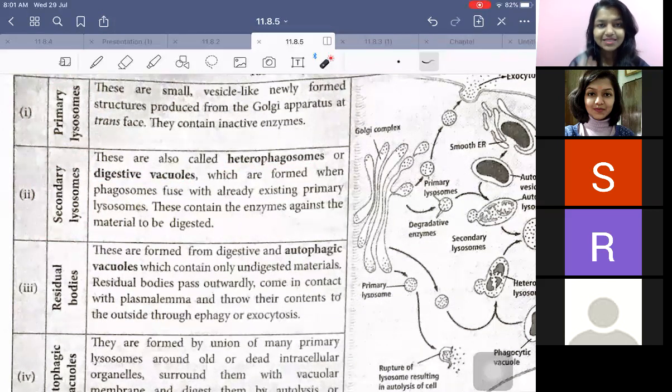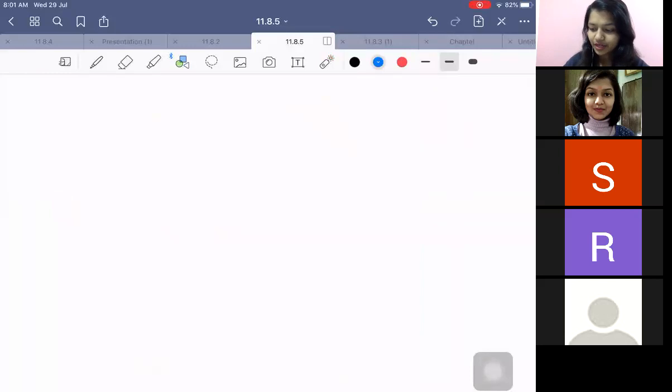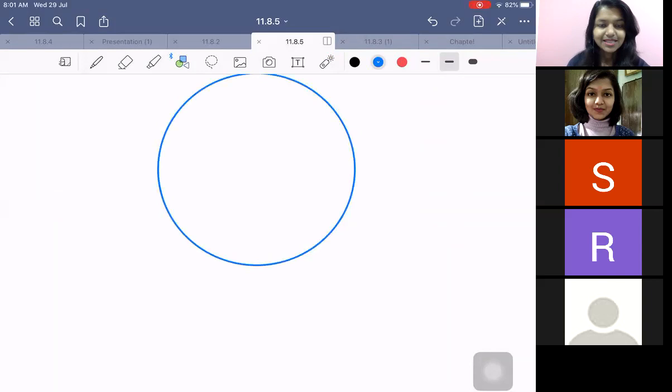I will tell you what it is. Imagine a cell. Understand it very carefully. Imagine a cell. The cell has taken something inside.